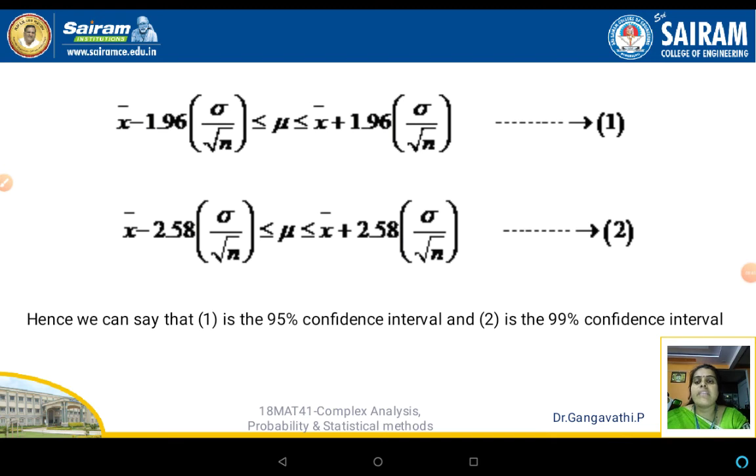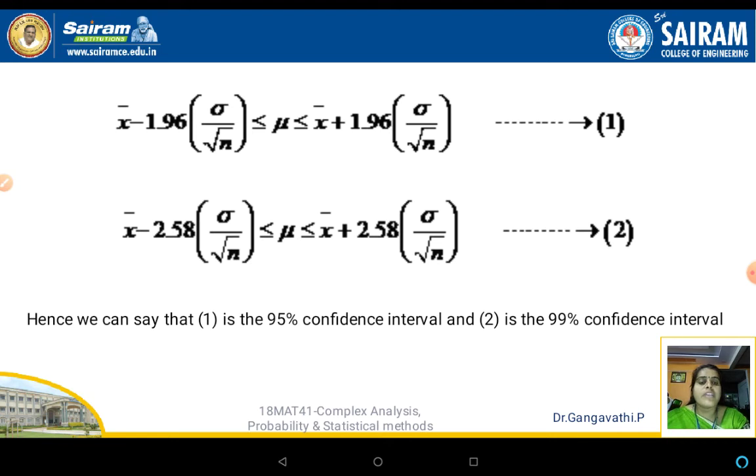And look at these equations. x bar, the mean of a sample, minus 1.96 into sigma by root n is less than or equal to mu, which is less than or equal to x bar plus 1.96 into sigma by root n. Let us call this equation 1, and this equation 1 is nothing but the 95% confidence interval. Moving on to the second equation, here the values are minus 2.58 and plus 2.58, and the equation remains the same.